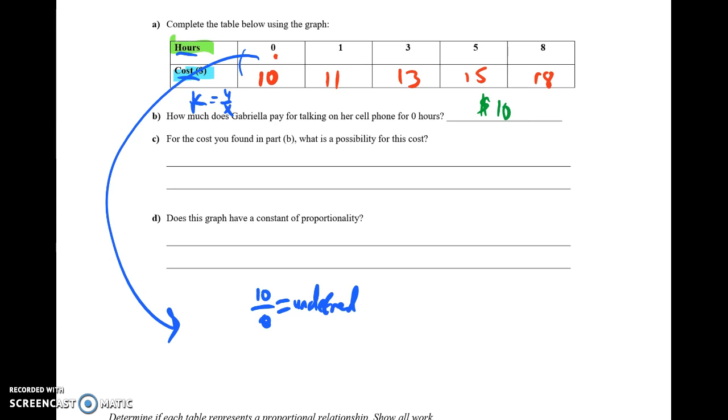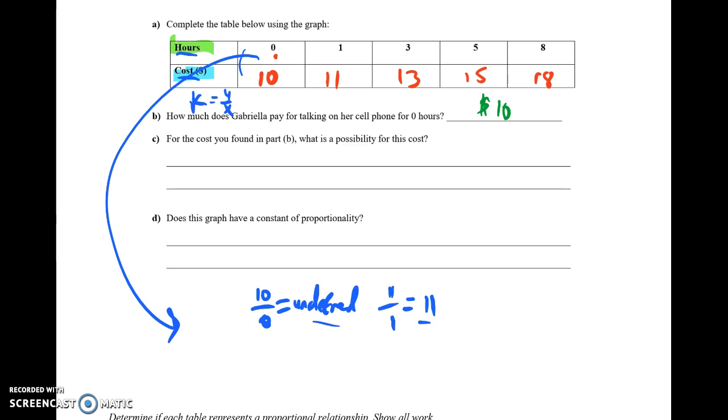For the next column, y is 11, x is 1. This is going to be 11. So we could stop here and say that not all y over x is the same. We have one that's undefined, and the other one's 11. Therefore, it's not proportional, and there is no constant of proportionality.